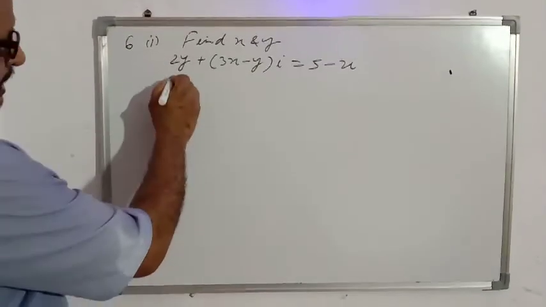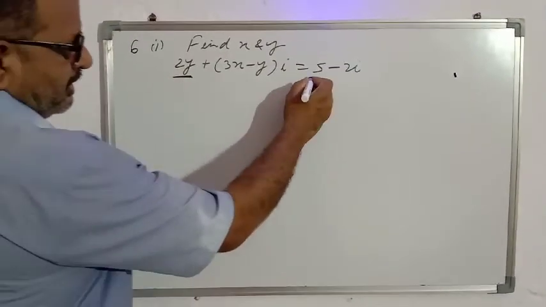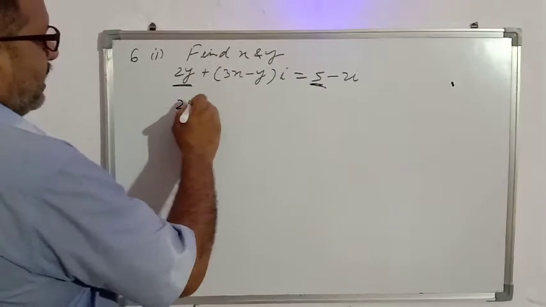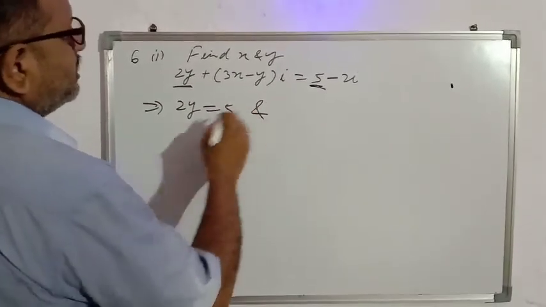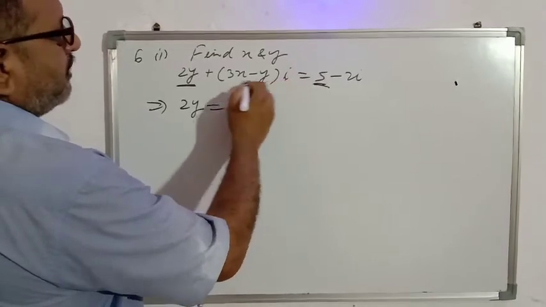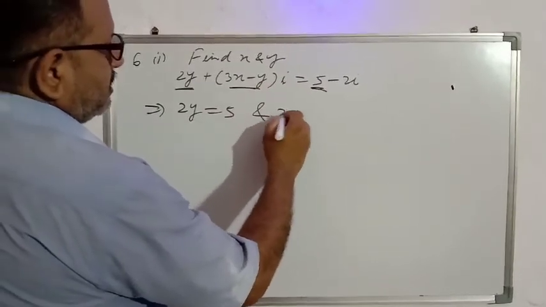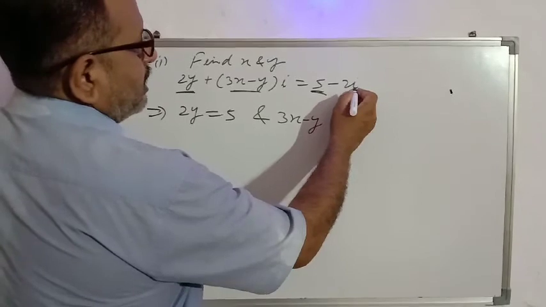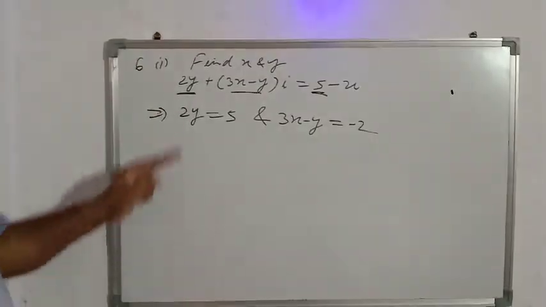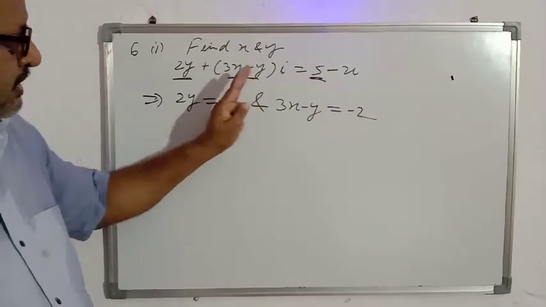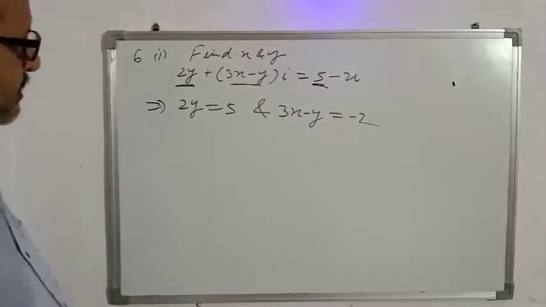So what is the real part here? 2y. Here real part is 5. So we can write 2y is equal to 5, and imaginary part means coefficient of i, 3x minus y. And here coefficient of i is minus 2. So we will equate real part to real part, imaginary part to imaginary part.